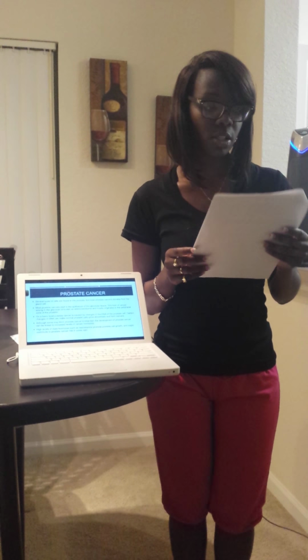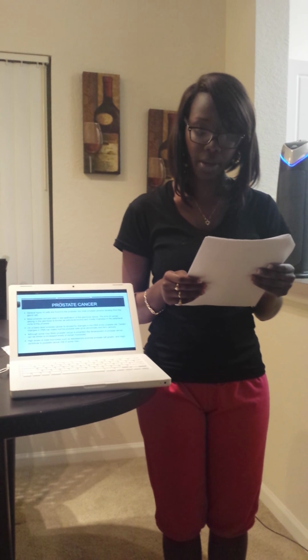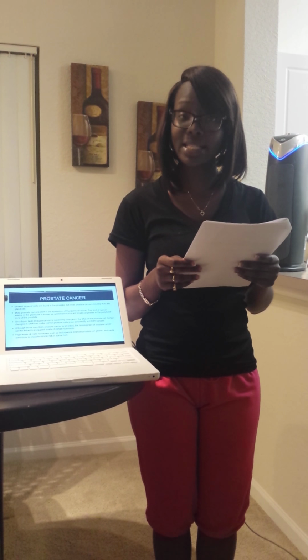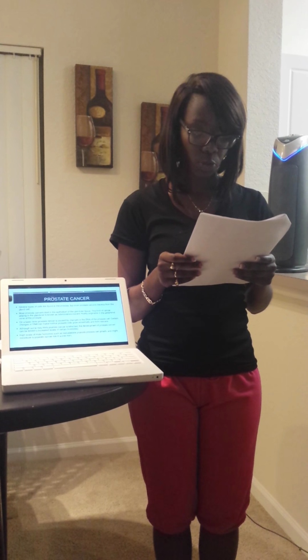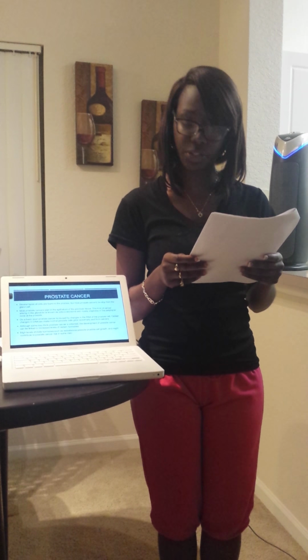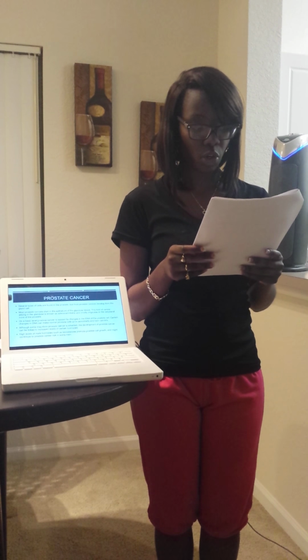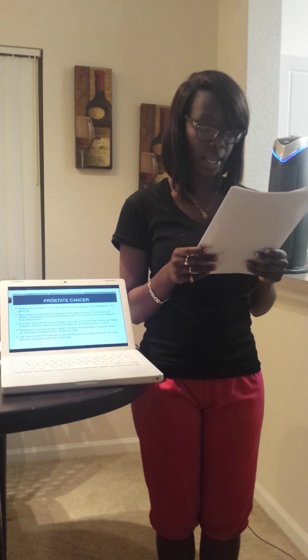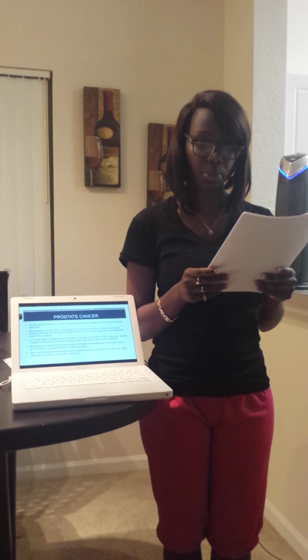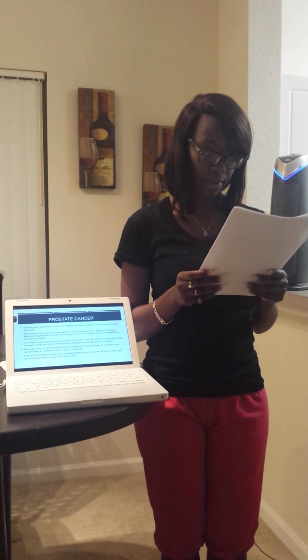Alright, so several types of cells are found in the prostate, but most prostate cancers develop from the gland cell. Most prostate cancers start in the epithelial cells of the glandular tissue. This kind of cancer arising in the glandular tissue is known as adenocarcinoma. It mostly originates in the peripheral zone of the prostate.